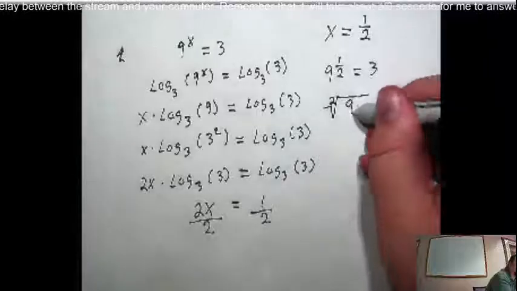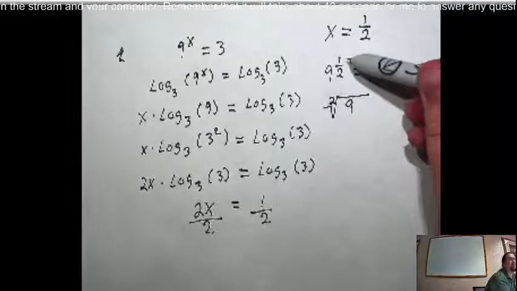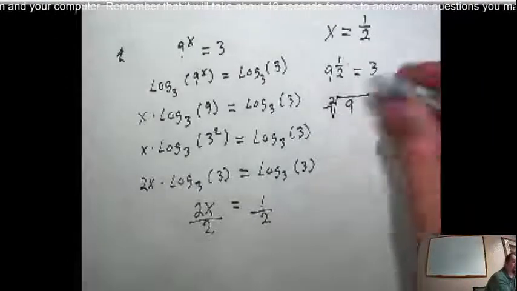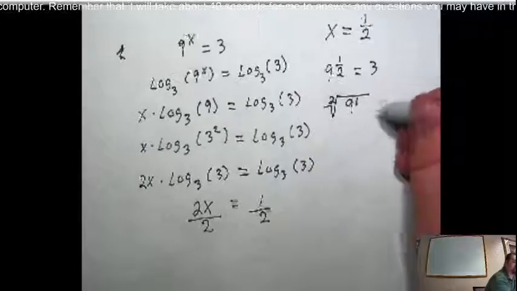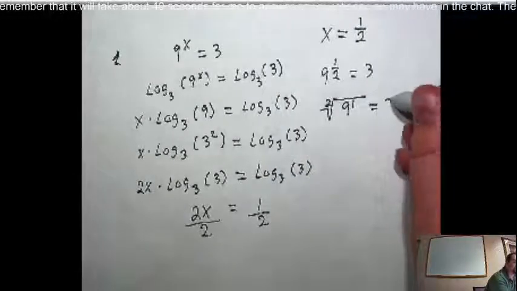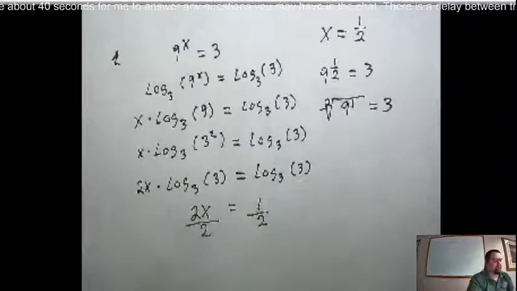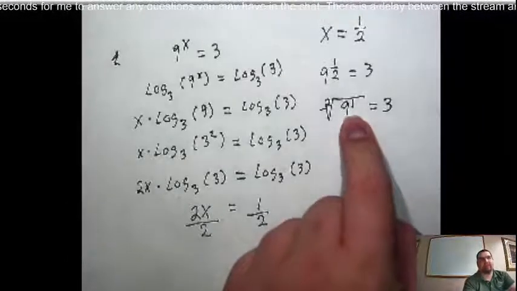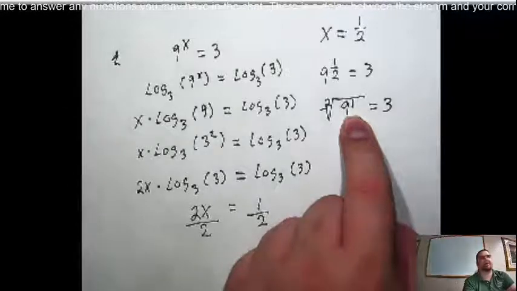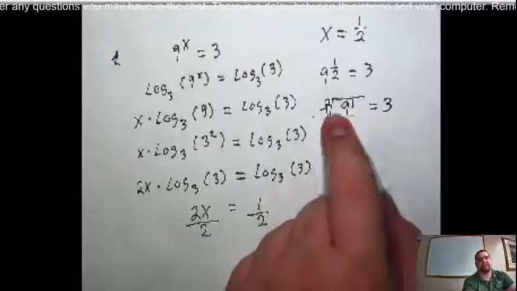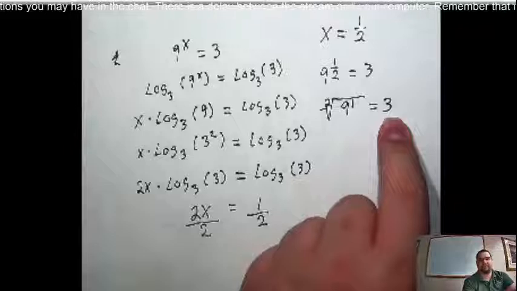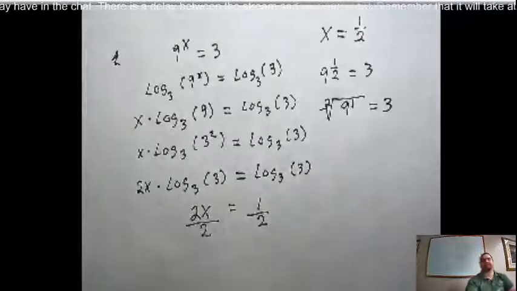We're taking the square root of 9, and the numerator, the number up here, is the power we're raising 9 to. Well, 9 to the first power is 9. And the square root of 9 is 3.